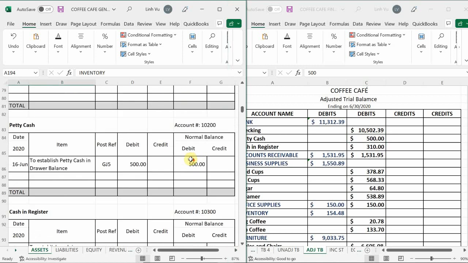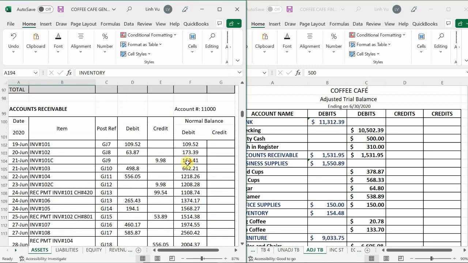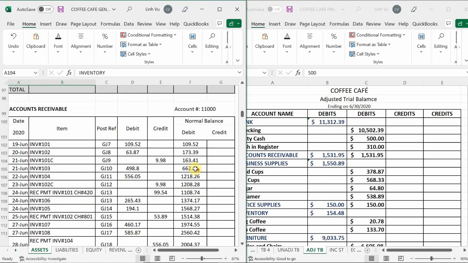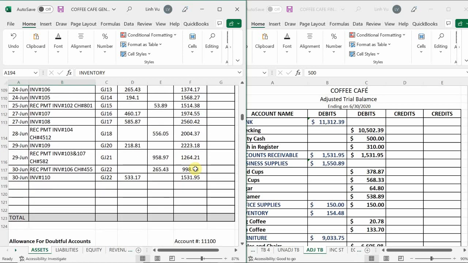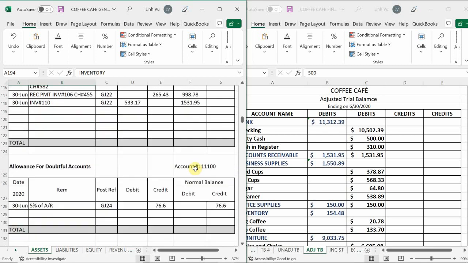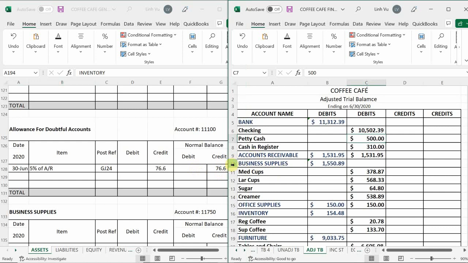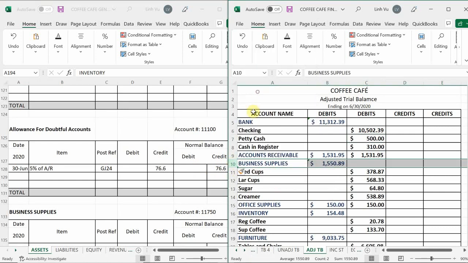So in this case, it already updated the checking account balance. Okay? My petty cash is still 500, and my cash in the register is still 310. Okay, so those are fine. No changes there. Okay. Then let's see, what about my accounts receivable? It's currently at $1531.95. However, I also have a contra account. So this one I have to add in here, because what does a contra account do?